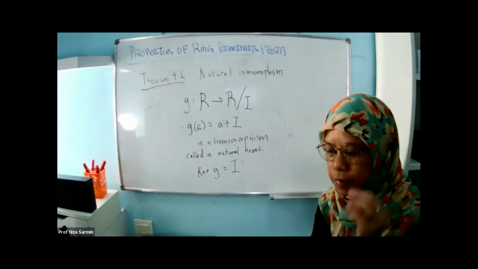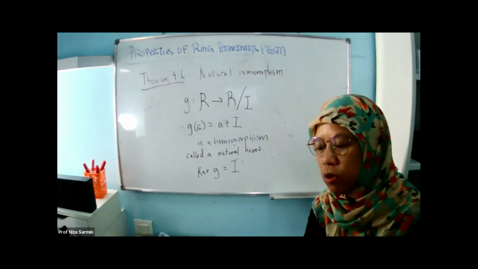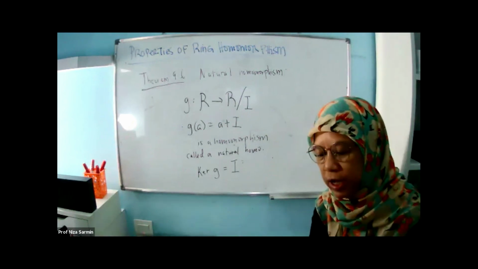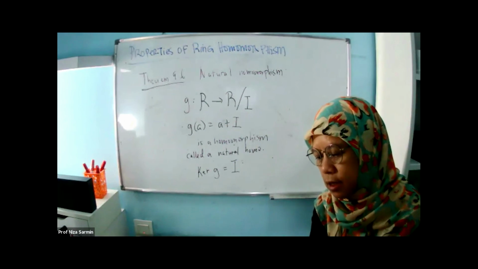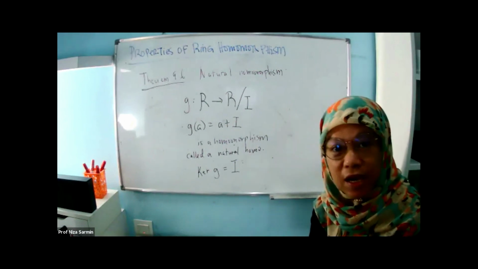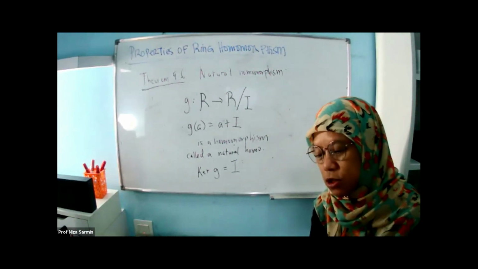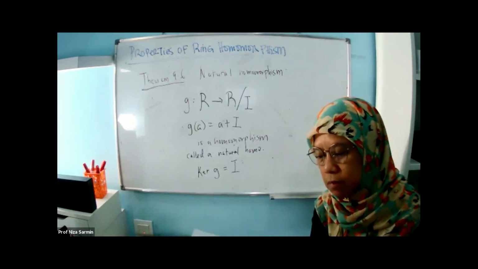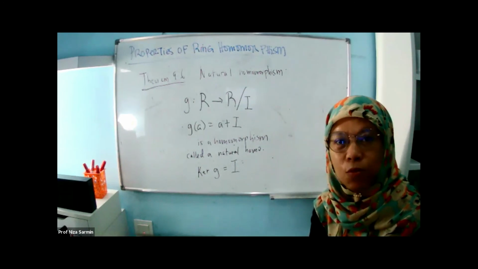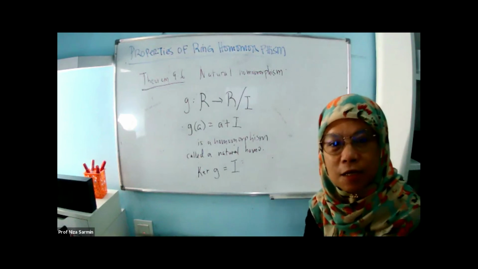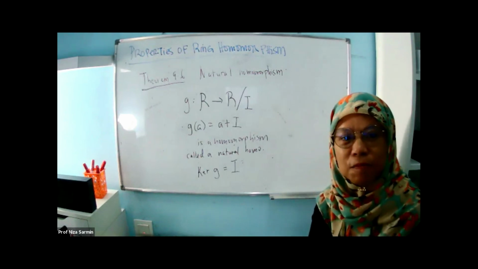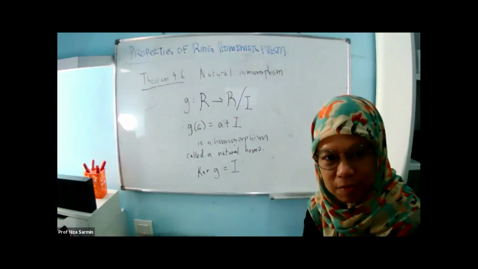Right. Now, the isomorphism theorem for rings is very, very similar to the isomorphism theorems we did last time. You remember first isomorphism theorem, second isomorphism theorem, third isomorphism theorem.